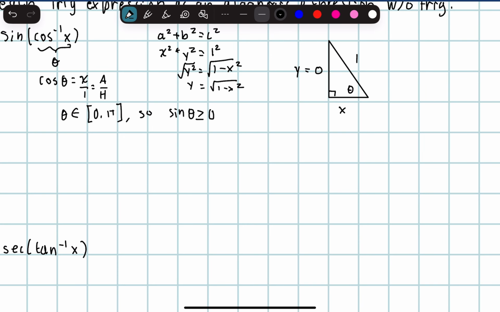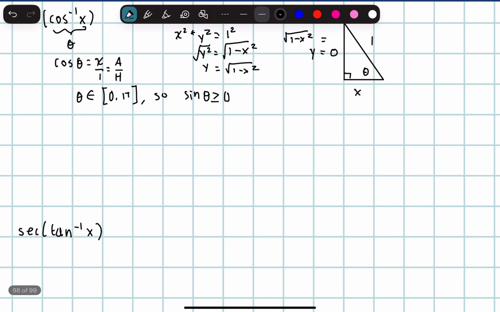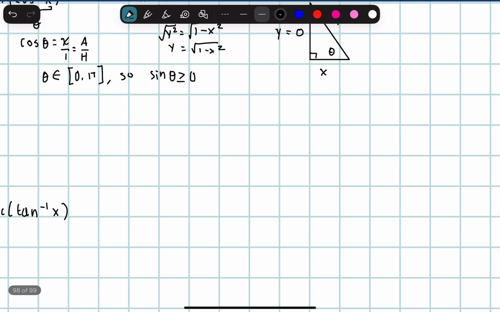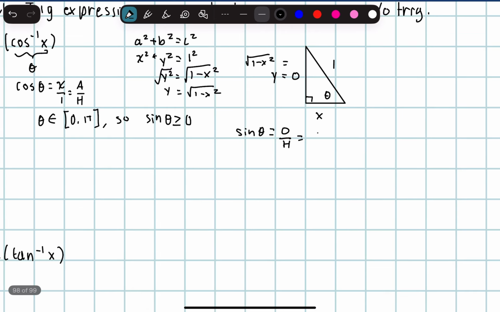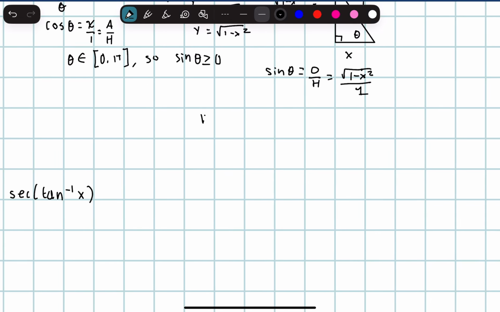Now we're going to solve for sine of theta, which is equal to opposite over hypotenuse. So the opposite side is square root of 1 minus x squared, and the hypotenuse is just 1. And we know the domain is negative 1 less than or equal to x less than or equal to 1.